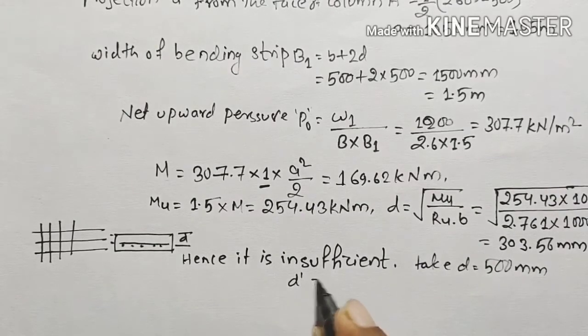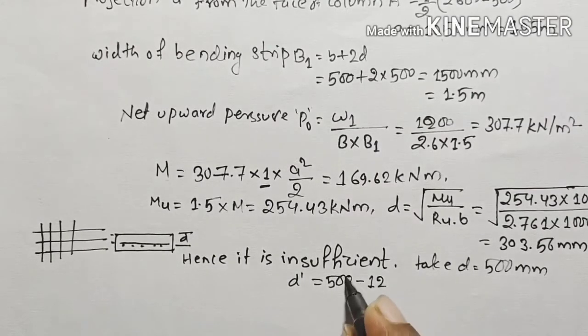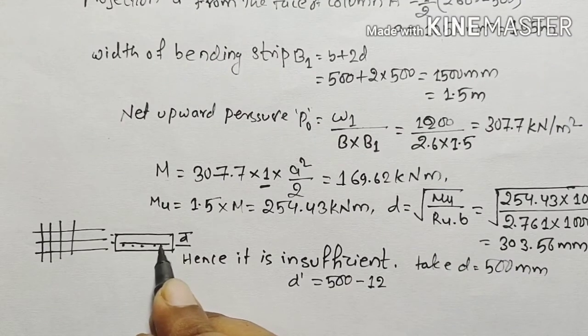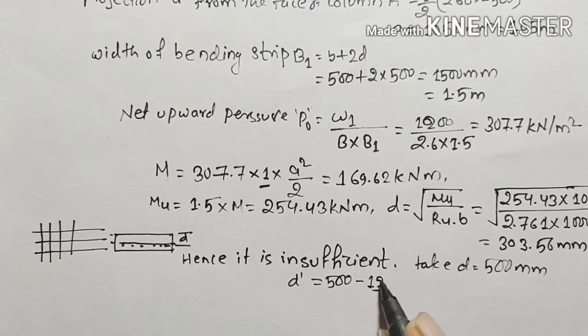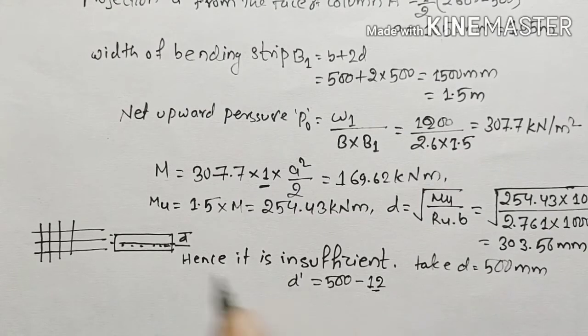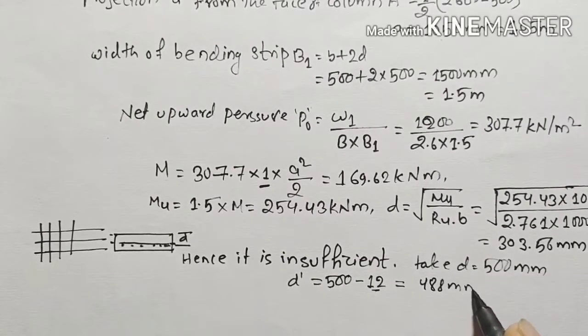So take D dash equals 500 minus 12, if we provide a 12 millimeter dia bar, because half from the longitudinal reinforcement and half from the transverse reinforcement is subtracted, that is 6 each. So we get D equals 488 millimeter.